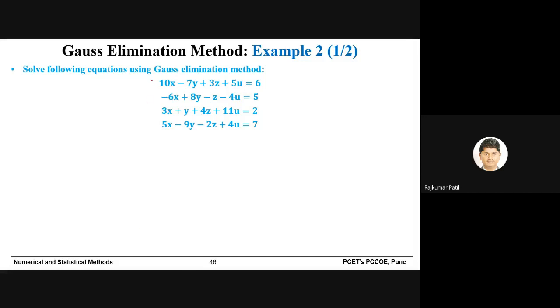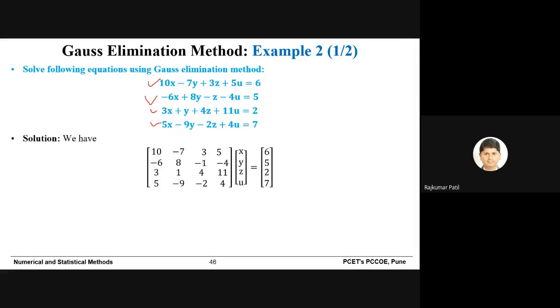In this particular problem, you need to solve a set of equations by using Gauss elimination method. And you can see there are 4 equations and 4 unknowns, x, y, z, and u. 4 equations, 4 unknowns, so you can solve. Then convert this into matrix form.